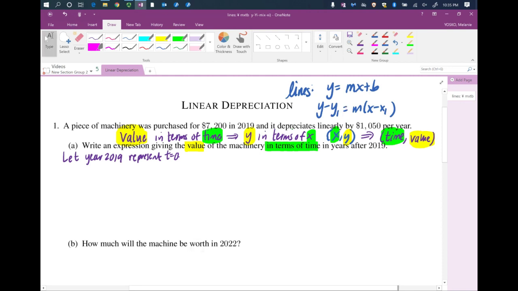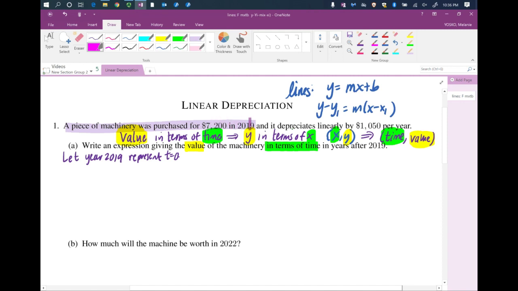So we're going to take the first sentence and break it into pieces. A piece of machinery was purchased for $7,200 in 2019. Can we take that and break it into a time and a value? Read it again. We bought it for $7,200 in 2019.